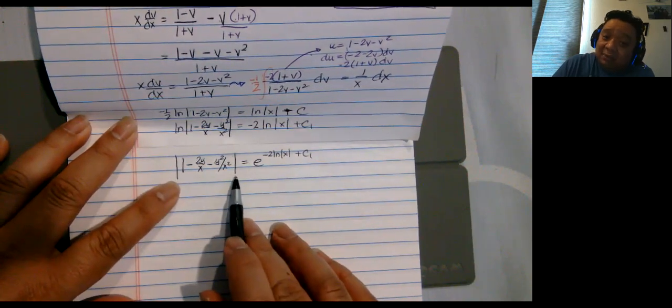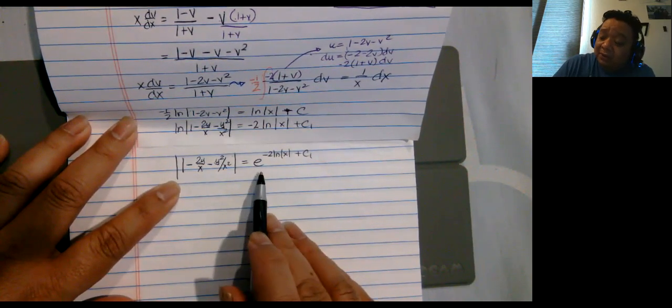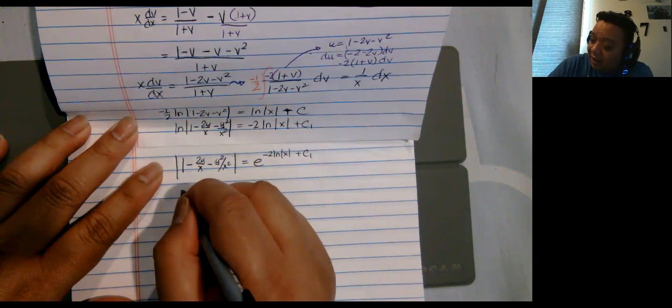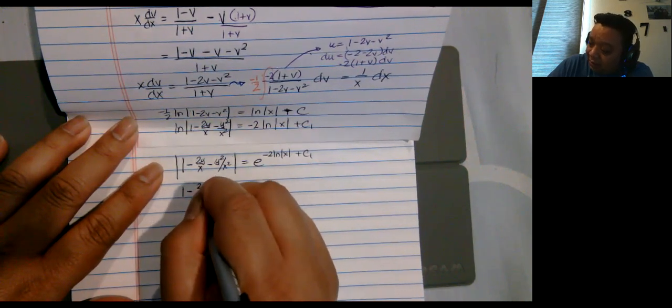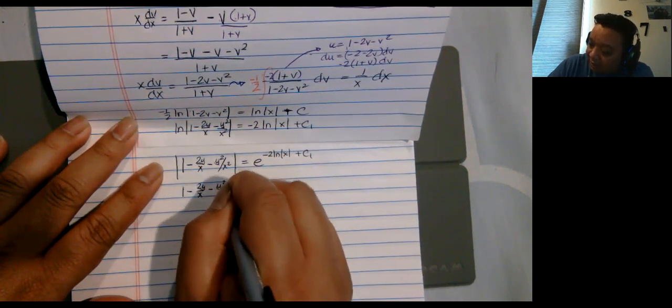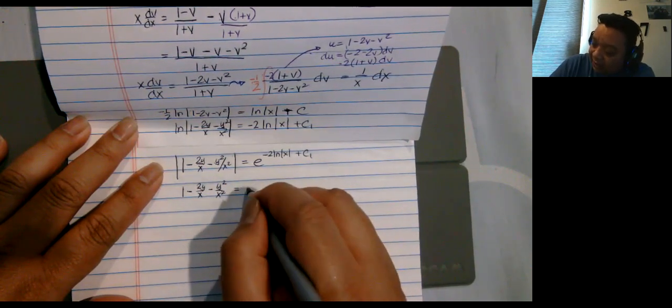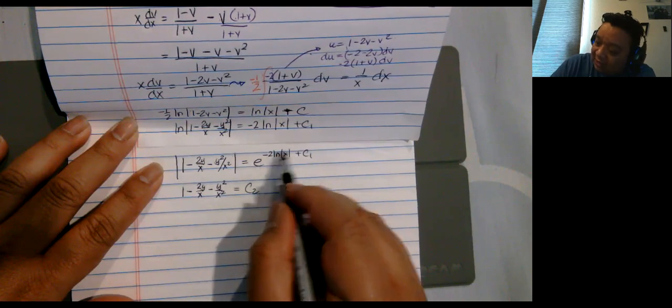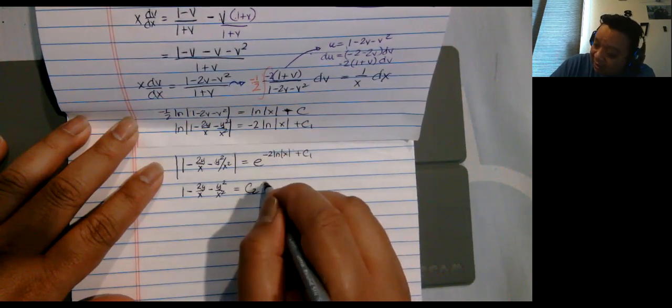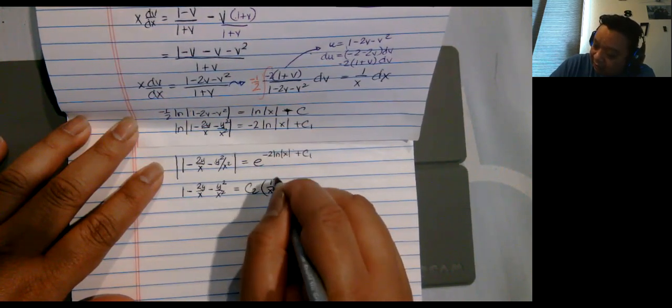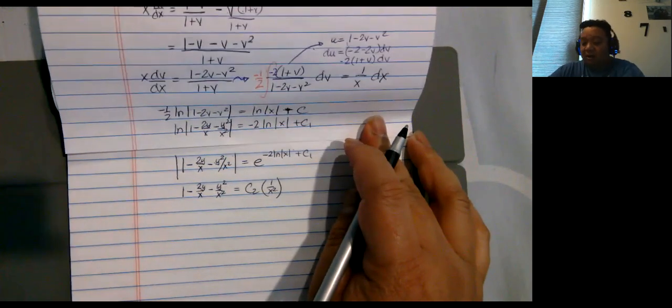At the same time, the absolute value can be absorbed by that constant. And you're left with 1 minus 2y over x minus y squared over x squared is equal to c2. Then this negative 2 becomes the power, and you get 1 over x squared on there.